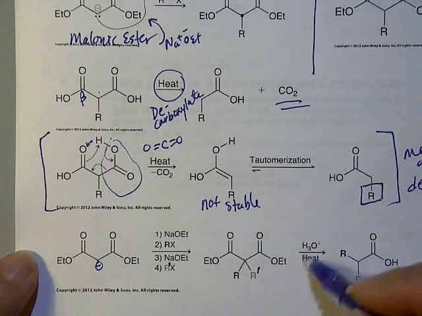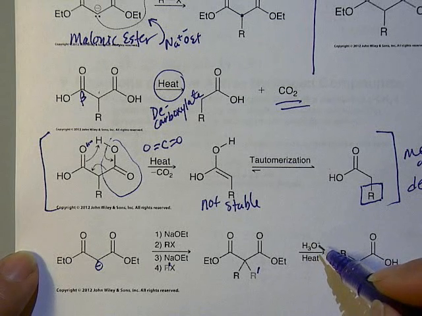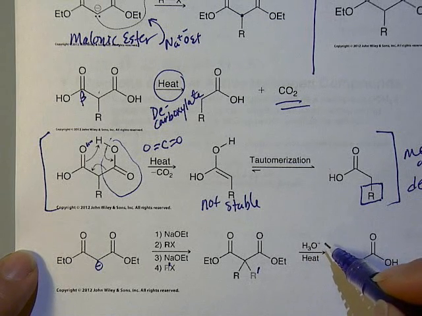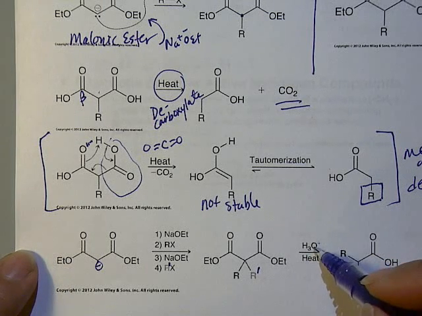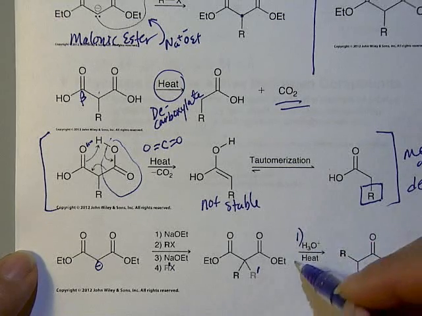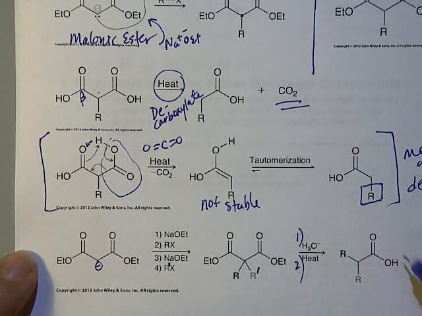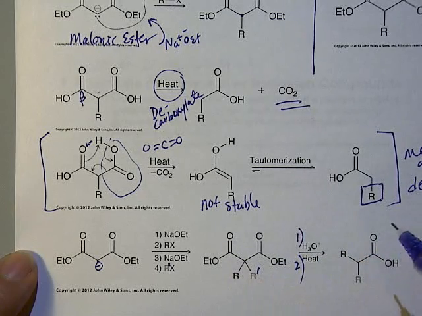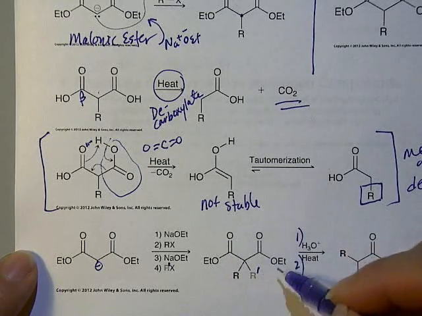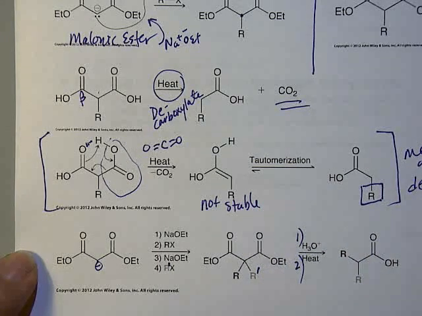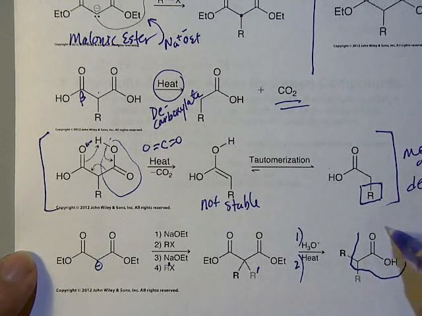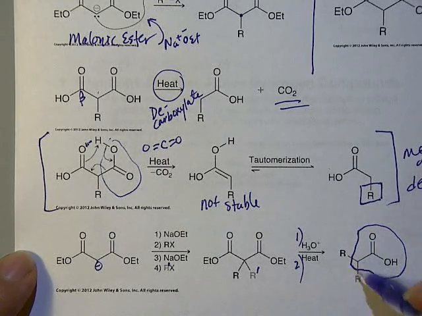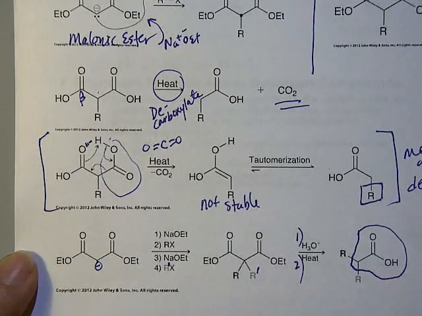So then this condition right here is the hydrolysis and the decarboxylation. So this is hydrolysis, and then you heat it, and then you get the diacid, and then one of the carboxylic acids will decarboxylate, giving you 1 remaining carboxylic acid. So this part came from malonic ester, and the R groups are from the alkyl halides.